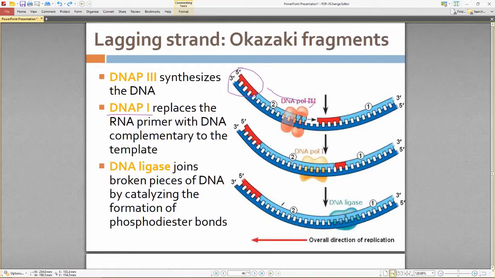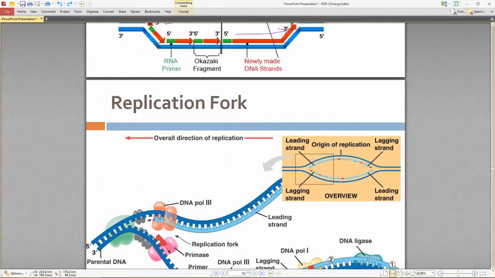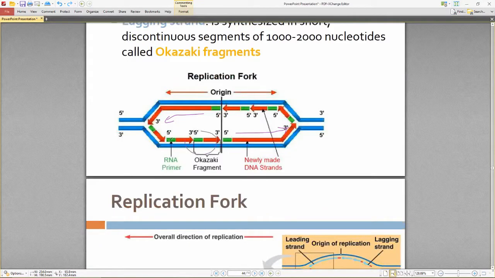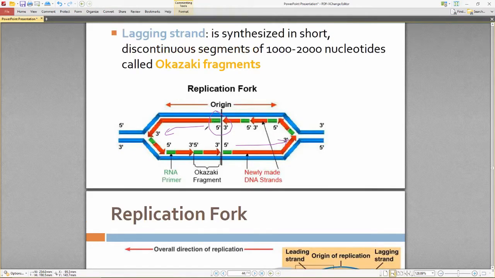So this entire sequence of events has to happen at every single Okazaki fragment. It'll happen here, here, and then once the fork continues this way, it'll happen here again. Same thing here, here, and here. And it will happen here once for the leading strand, because at the origin, the leading strand is on one side and the lagging strand is on the other side just because of the way that DNA works. Okay?